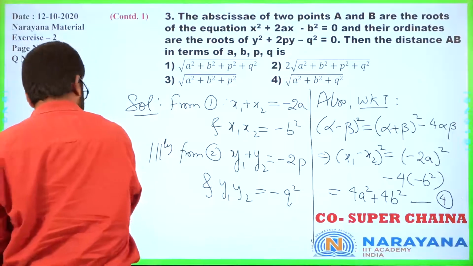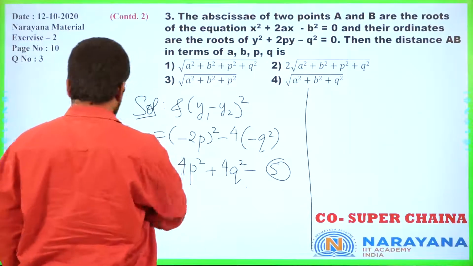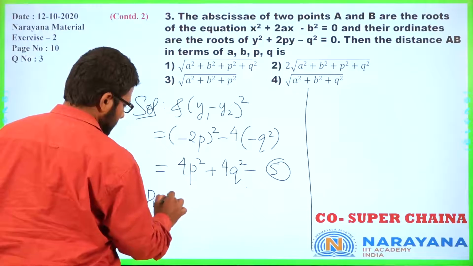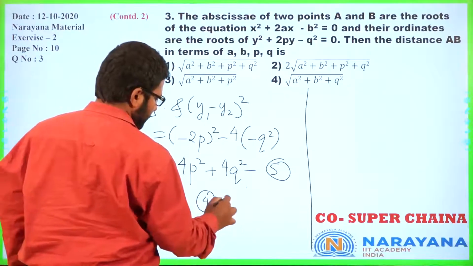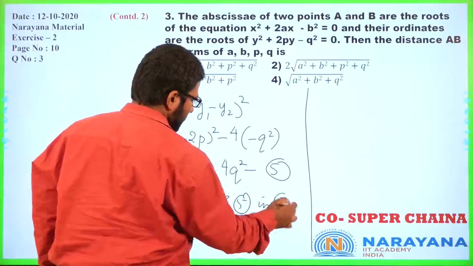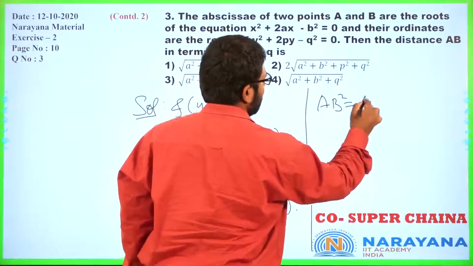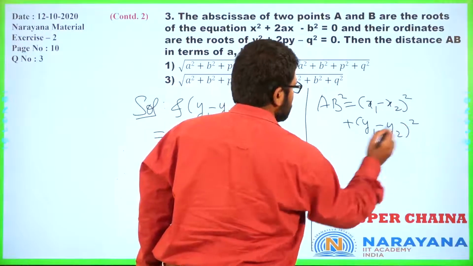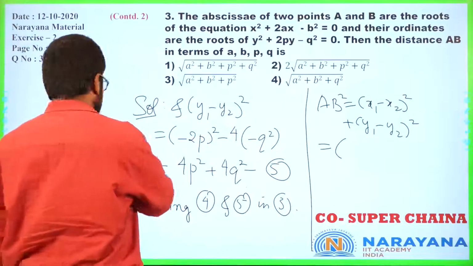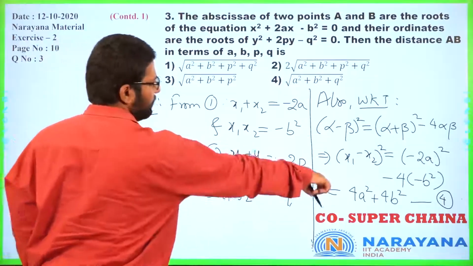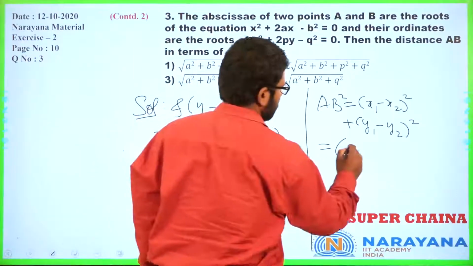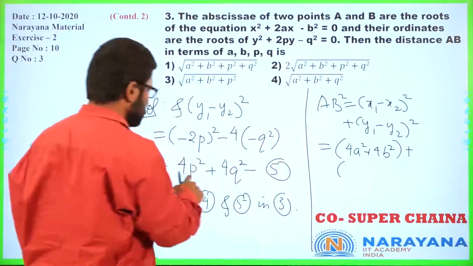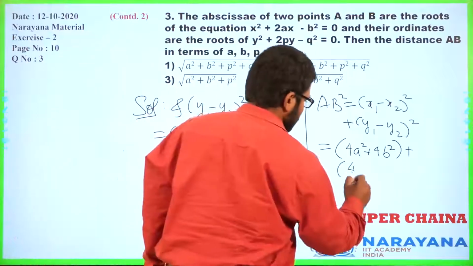So basically, putting 4 and 5 in 3, AB square is basically (x1 minus x2) the whole square plus (y1 minus y2) the whole square, which is, (x1 minus x2) the whole square was 4a square plus 4b square, plus (y1 minus y2) the whole square is 4p square plus 4q square.